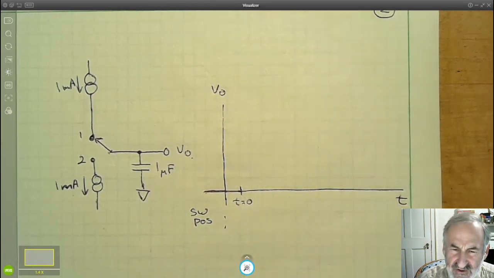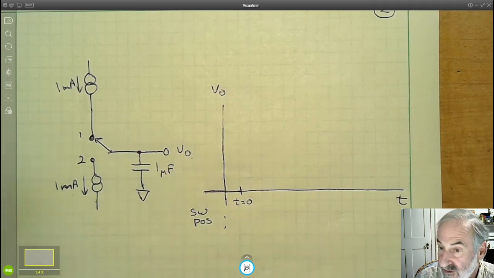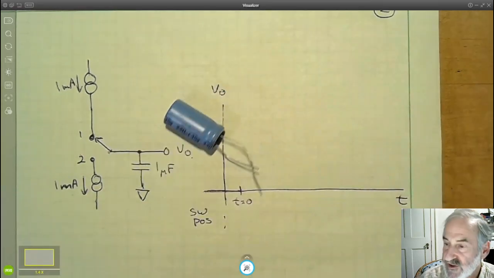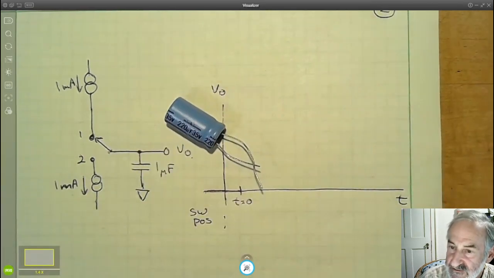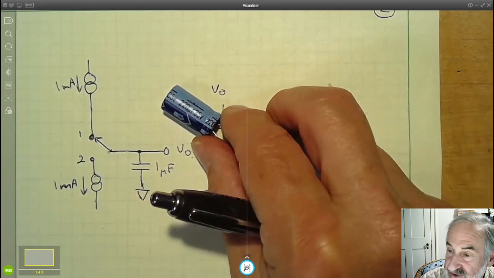Now, why do I have to do that? Well, remember, I said that if you charge up a capacitor and disconnect it from any voltage source, it retains its value. That means that if I say to you, what is the voltage I would measure across that capacitor if I took my multimeter, what's your answer? Well, the answer is any voltage between 0 and 35 volts.